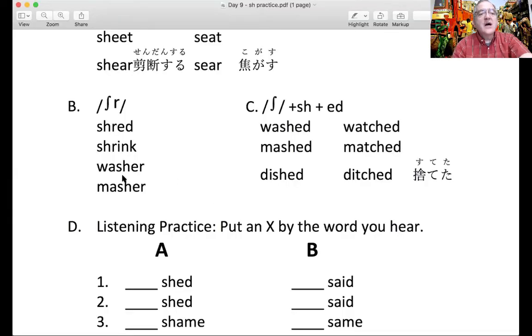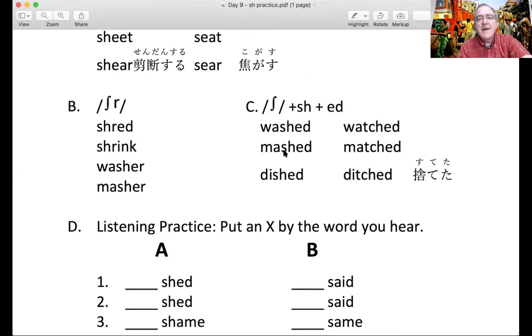Washer, washer, sure. Masher, masher. Now here, many people make a mistake with this ed. Many of my students will say wash-ed, but it's not wash-ed, it's washed. Can you say that? Washed.